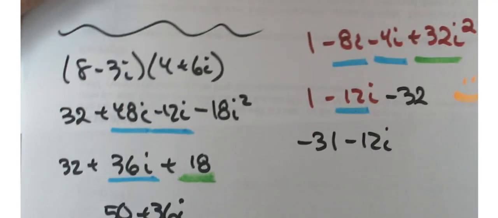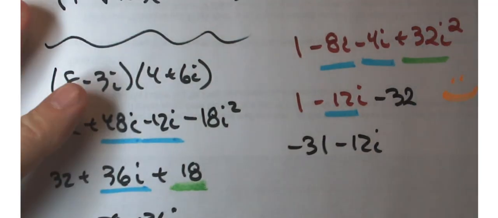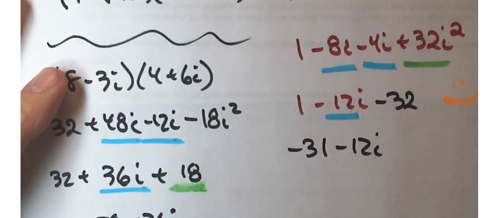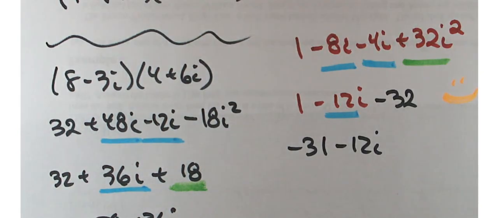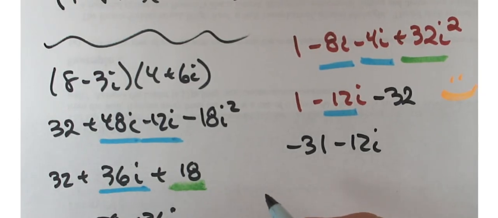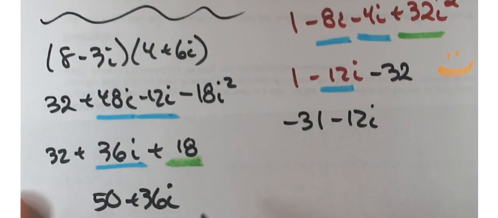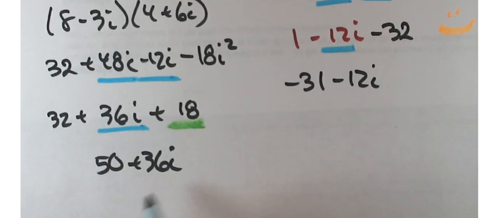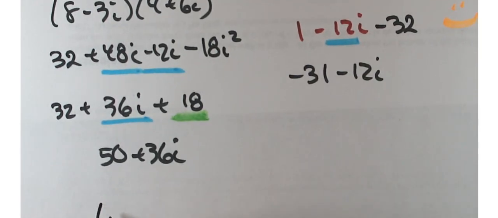Let's do two more like this in terms of multiplication. Then we're going to work on division, and we'll finish up with powers of i. So as far as the one extra example D here, let's look at 8 minus 4i, squared.